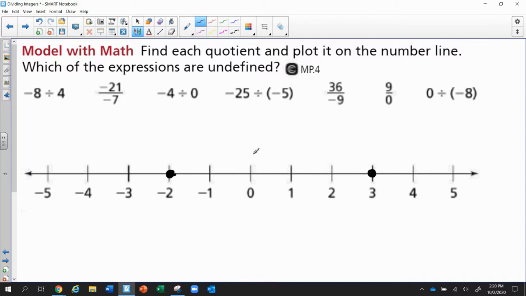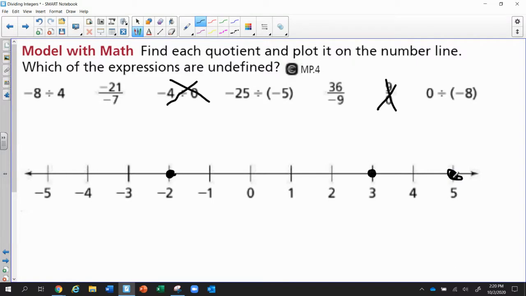Negative 4 divided by 0. Well, negative 4 divided by 0 doesn't exist, so I don't know why they put that there. You can't divide anything by 0. Same with that one. We'll cross those off. Then negative 25 divided by negative 5. So negative divided by negative is a positive.